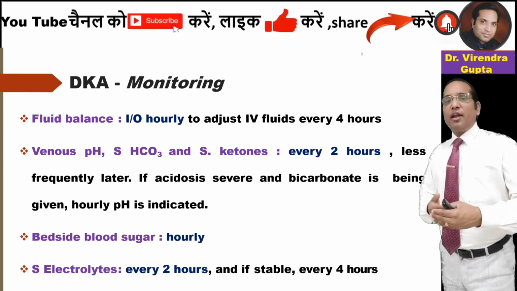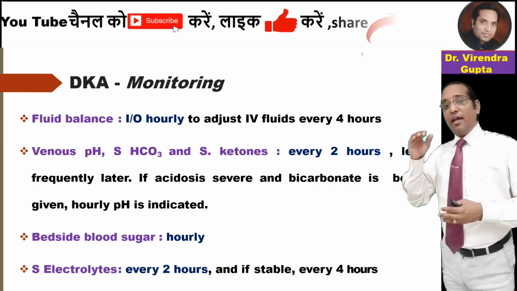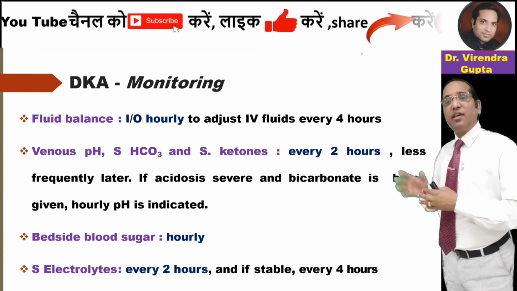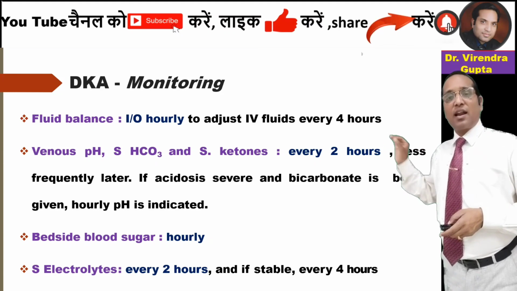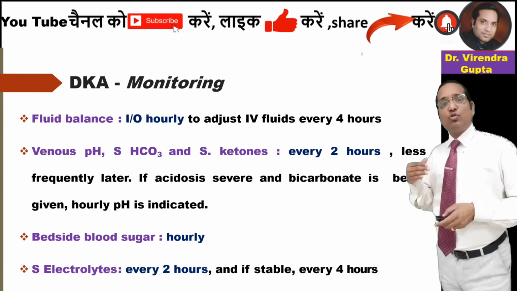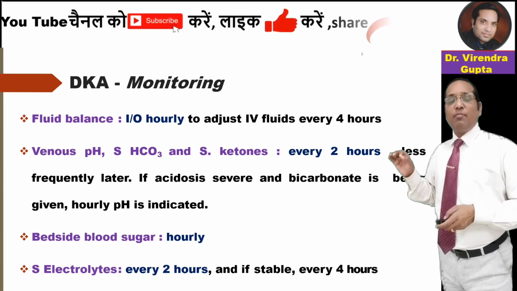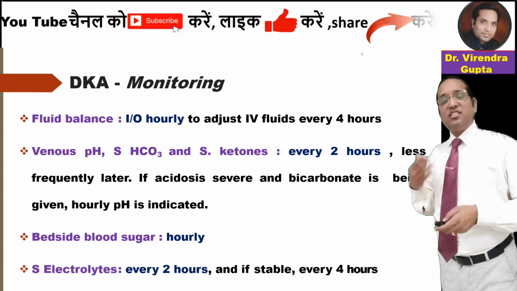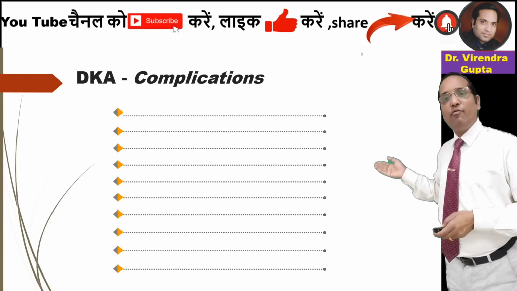It may be required less frequently in the later stage, but if the acidosis is severe or bicarbonate is being given, we should monitor these levels hourly. Blood glucose should be monitored hourly, and electrolytes can be monitored every 2 hours, or if the patient is stable, every 4 hours.